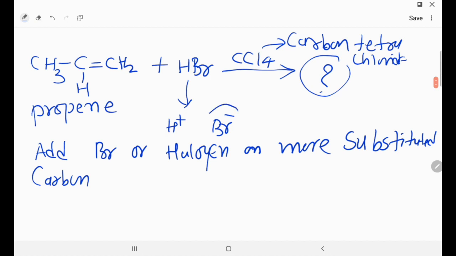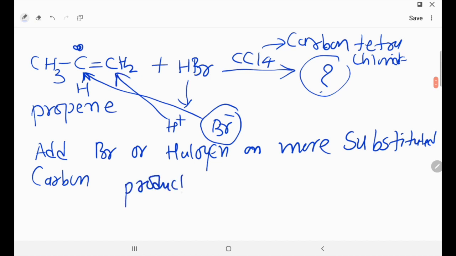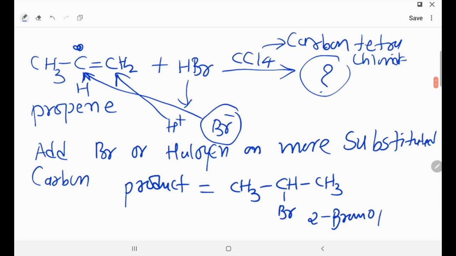So you have to add this Br on the most substituted carbon, which is this one. You will add Br on this particular carbon and the hydrogen on the other carbon. So your product will be CH3, CH, Br, and CH3. This one is known as 2-bromopropane.